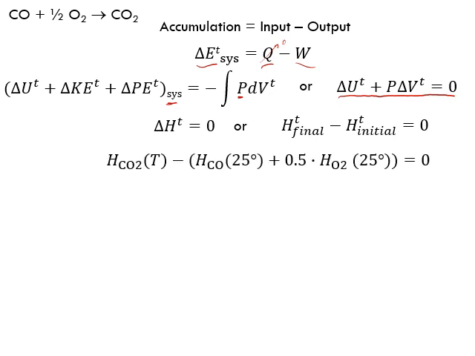So finally, the system consists of only CO2, 1 mole of CO2, correct? At a temperature of T, because now the temperature has raised, right? Because when the reaction proceeded, it released heat because the reaction is exothermic.